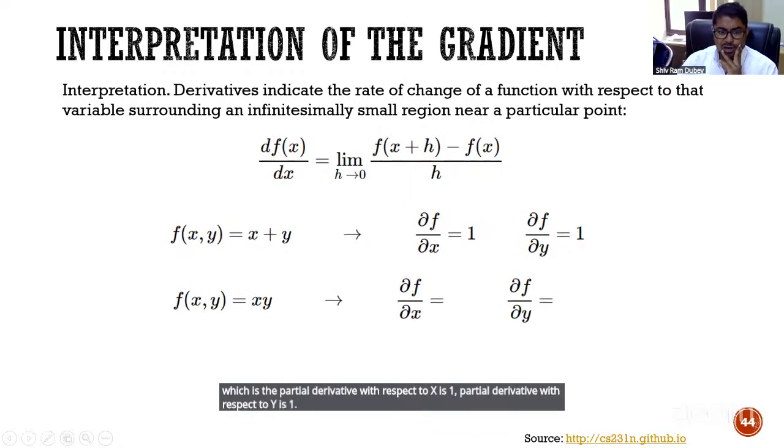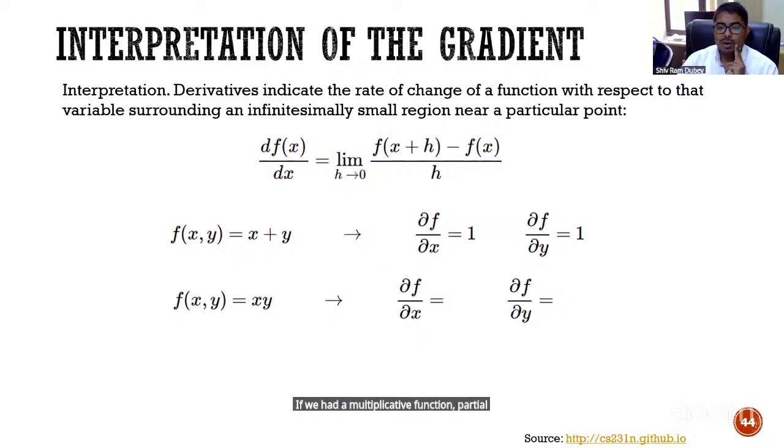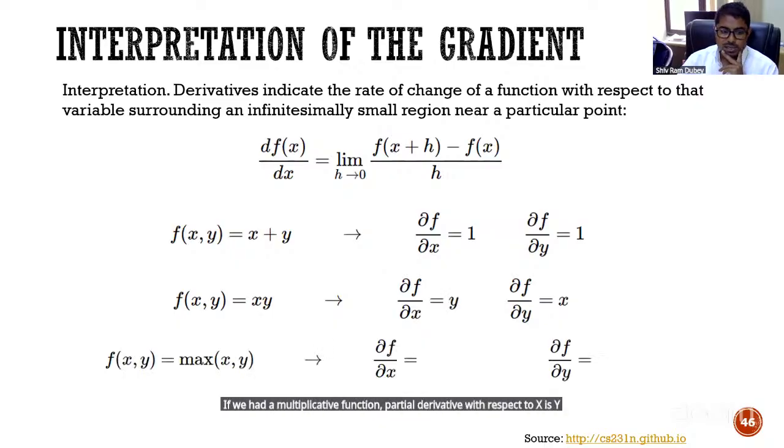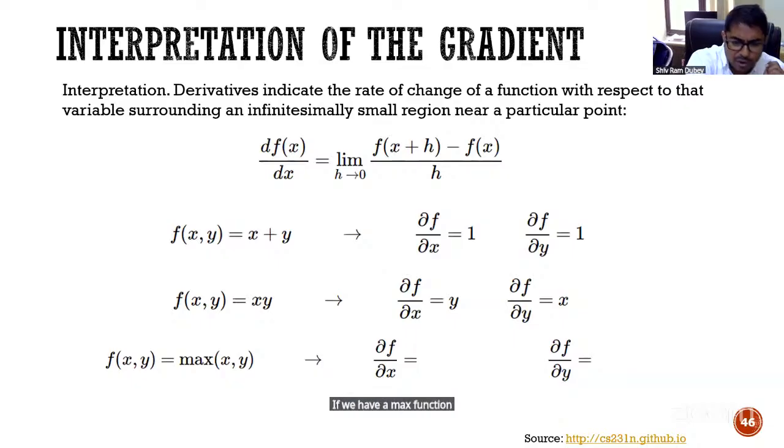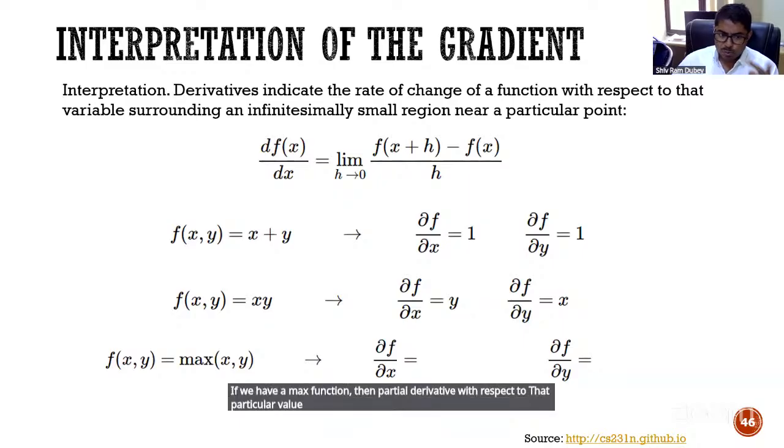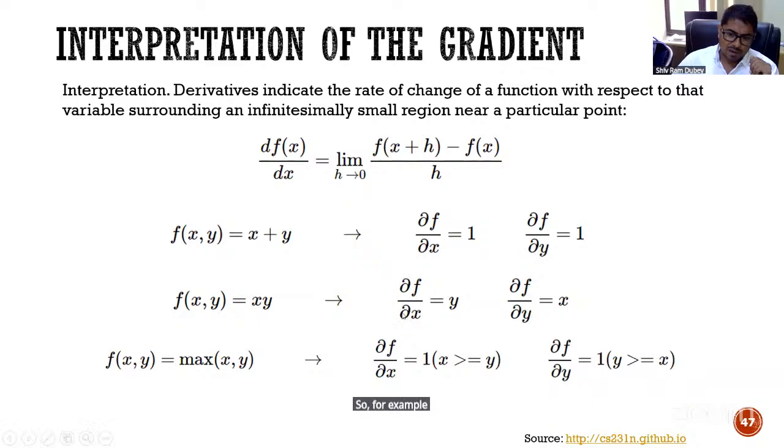If we have a multiplicative function, the partial derivative with respect to x is y, and with respect to y is x. If we have a max function, then the partial derivative with respect to the value which is maximum is 1 and which is minimum is 0. For example, del f by del x is 1 if x is greater than y, otherwise it is 0.